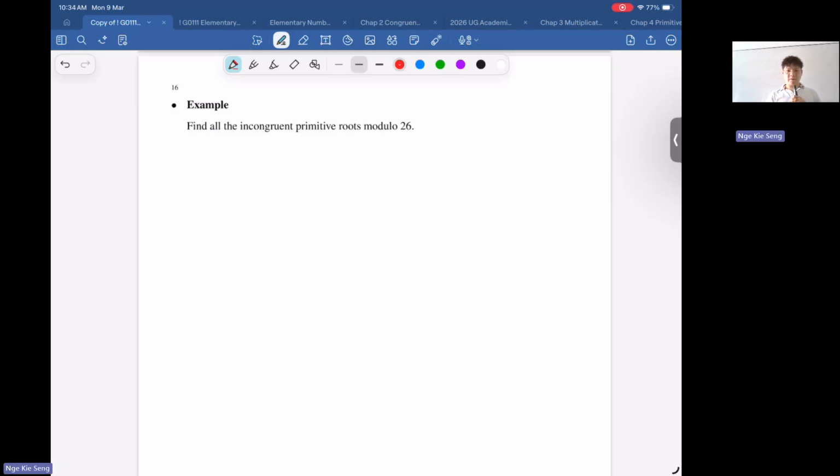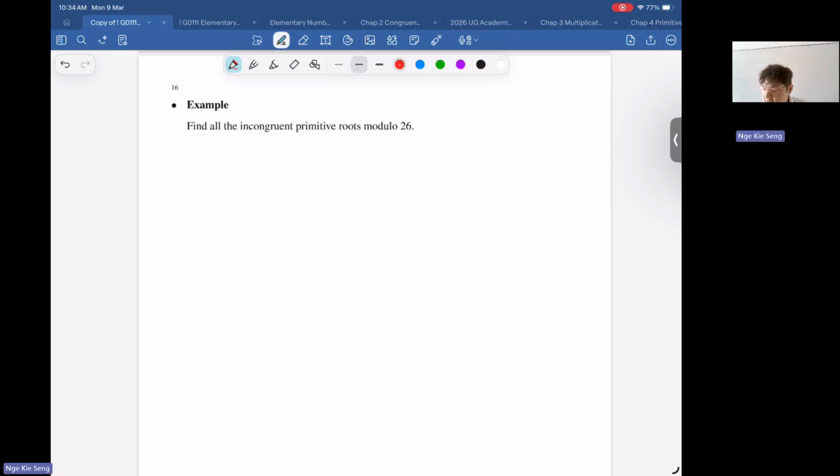So how are we going to find this? I think the way we do it is quite primitive. Okay, let's do this. Find all the incongruent primitive roots mod 26.